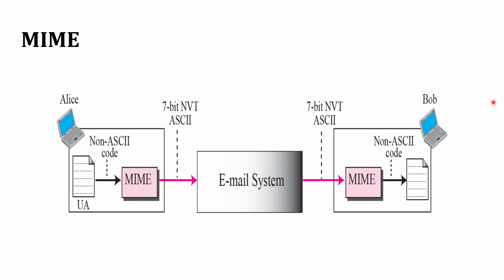At the receiving side, MIME reverses the process, transforming the data back into original format, allowing the receiver to access the content as intended. MIME effectively extends email's capabilities, enabling the transmission of multimedia and complex data through standard email systems.